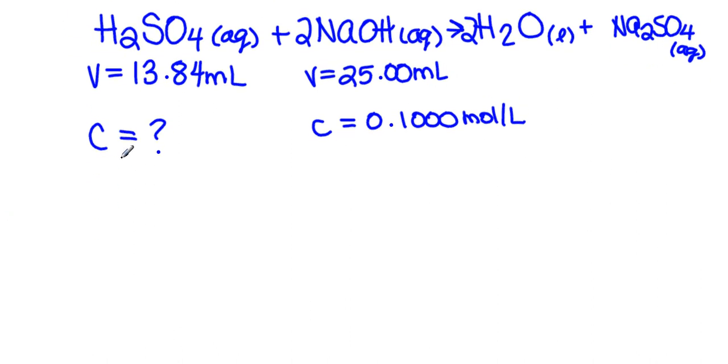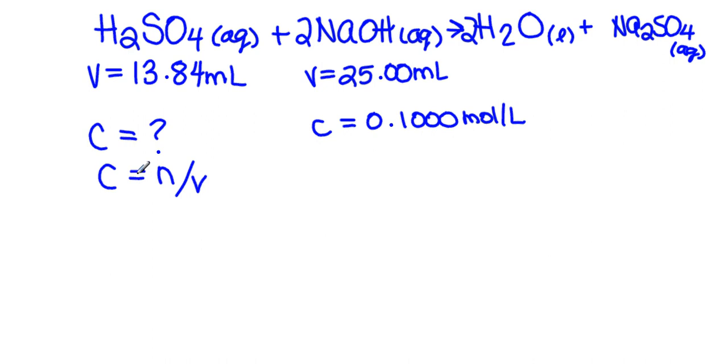If we need concentration of our acid, remember concentration is moles over volume. So we need to find the moles of sulfuric acid, and then we're going to divide it by the volume to find the concentration. So we have to start with information from our sodium hydroxide, and then we'll be able to get to information with our sulfuric acid.